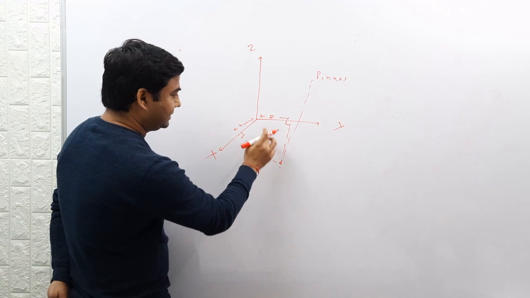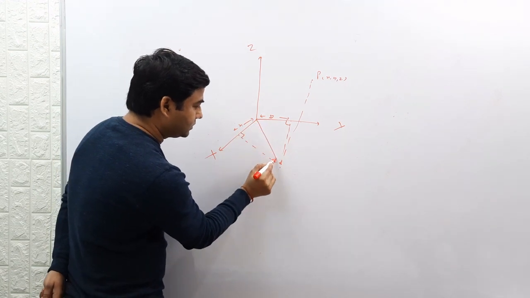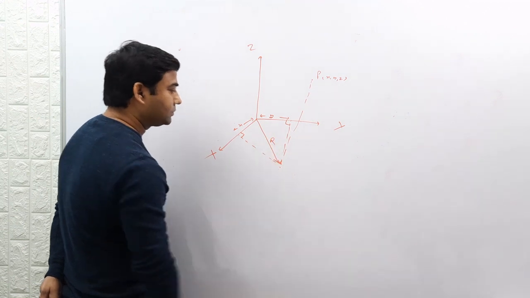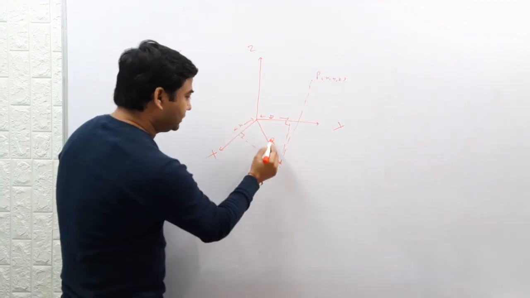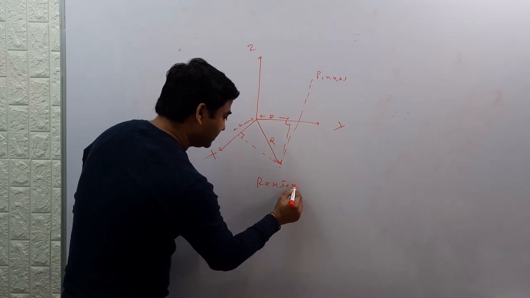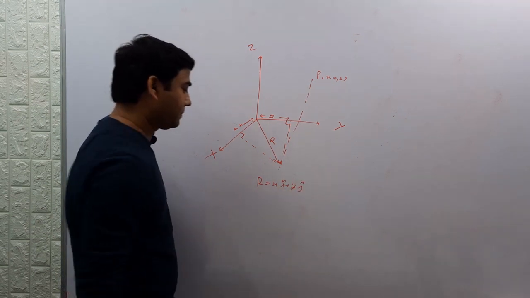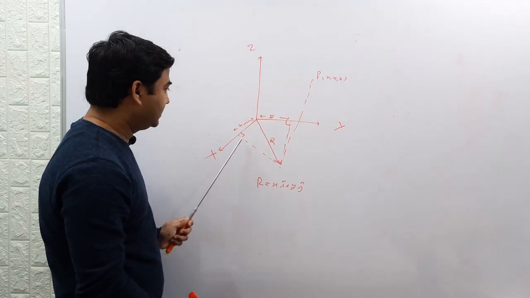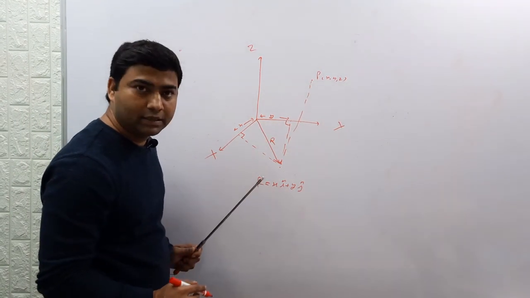So there will be a vector, this. Let this be vector R. So this vector R is xi plus yj. In this direction, the unit vector is I. In this direction, the unit vector is j.